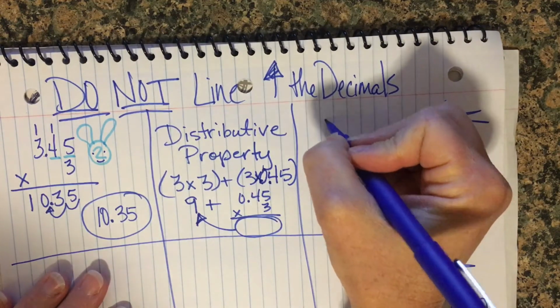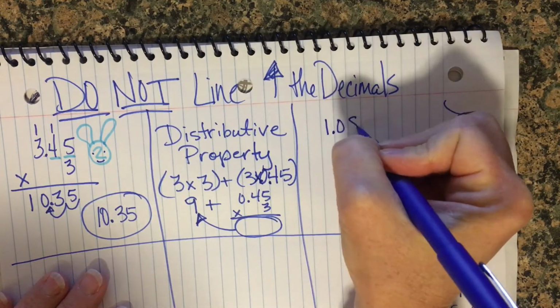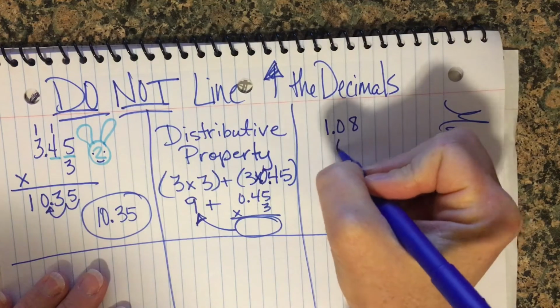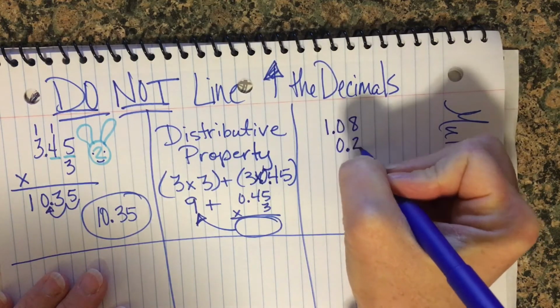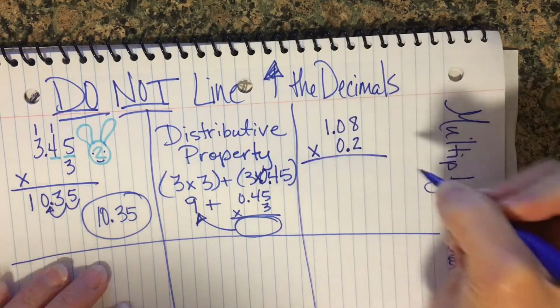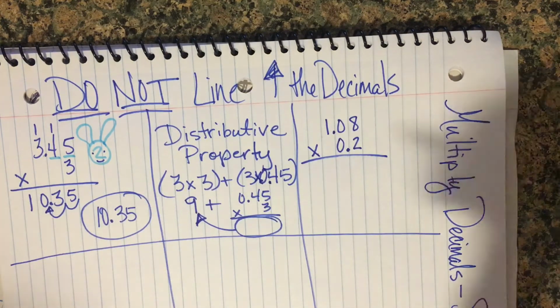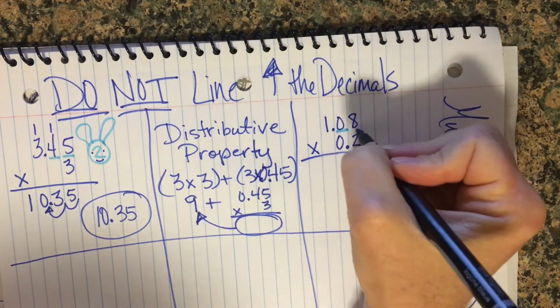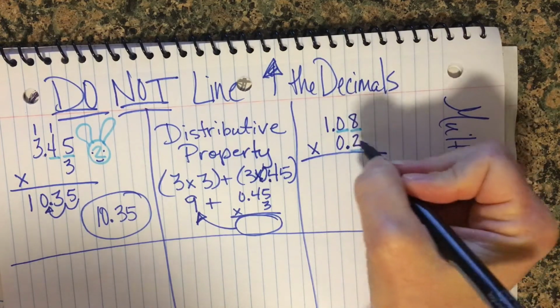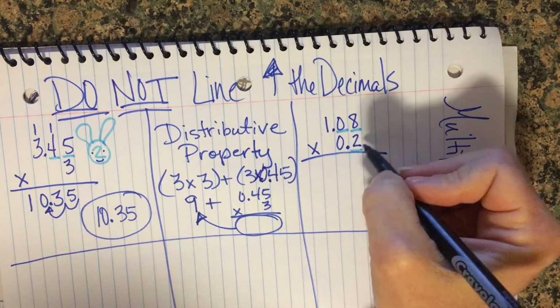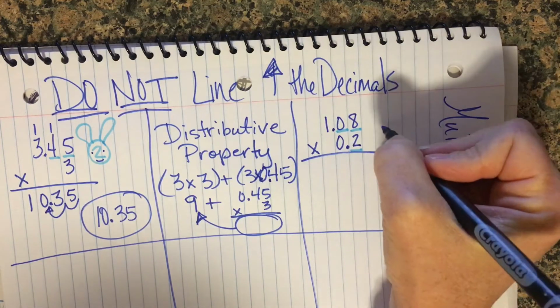This time I'm going to do 1 8/100 times 2 tenths. Notice the decimals are not lined up. I'm going to count my decimal place value spots. 1, 2, 3. I count the top and the bottom number, all the decimal place value spots.